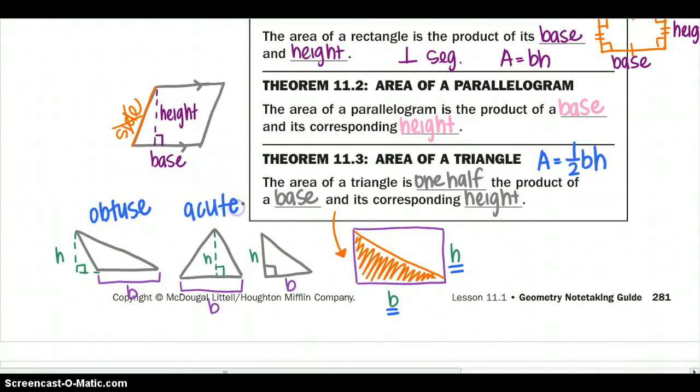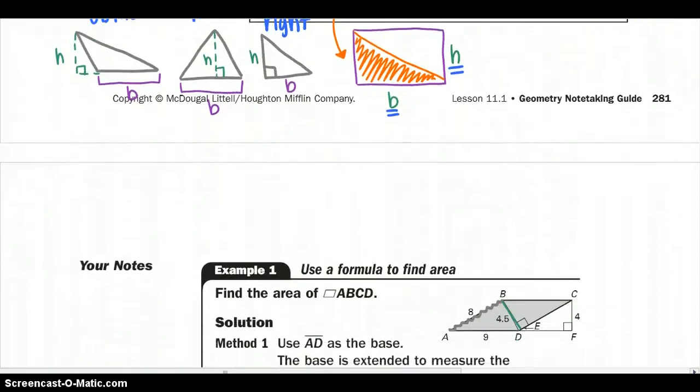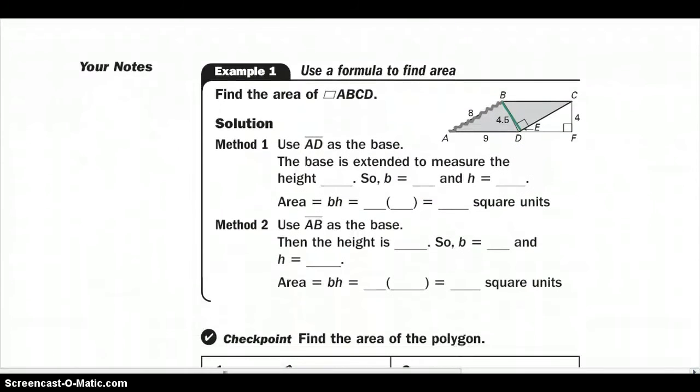If I have an acute triangle, my height will most likely be on the inside, and then I can again use my base. And then if I have a right triangle, I will look for my 2 legs to multiply by 1/2 and get the area of my triangle. So again, if you need to slow this down or pause it to keep writing, you may. So let's keep on moving.